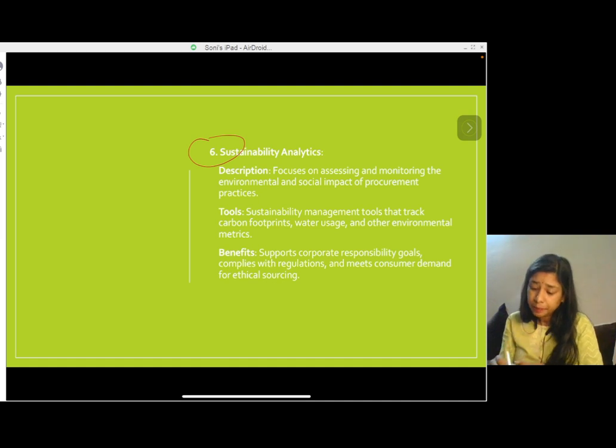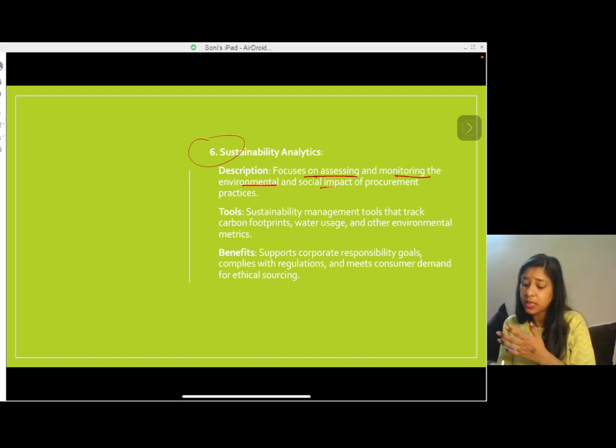So it focuses on assessing and monitoring the environmental and social impact of the organization's practices.